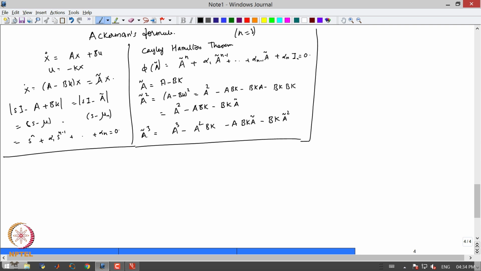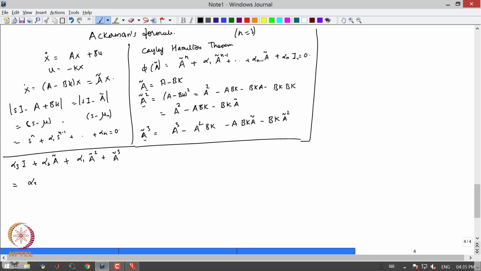Now I put all these values into the characteristic equation, and what I get is the following. I am looking at alpha 3 with the identity plus alpha 2 A tilde plus alpha 1 A tilde square plus A tilde cube. I will skip some steps and just write down how it looks in the end.